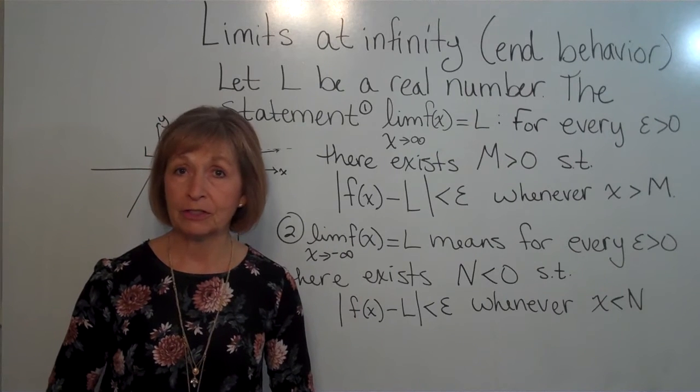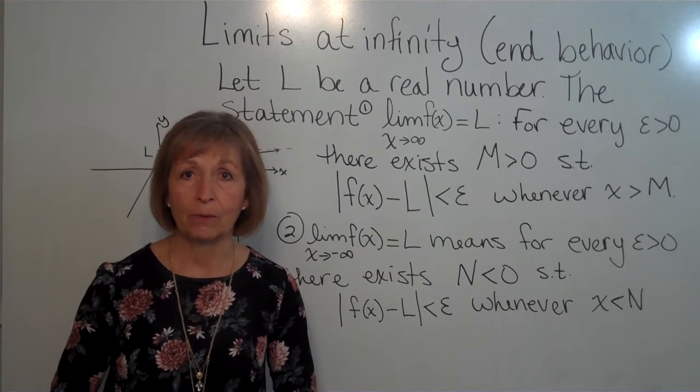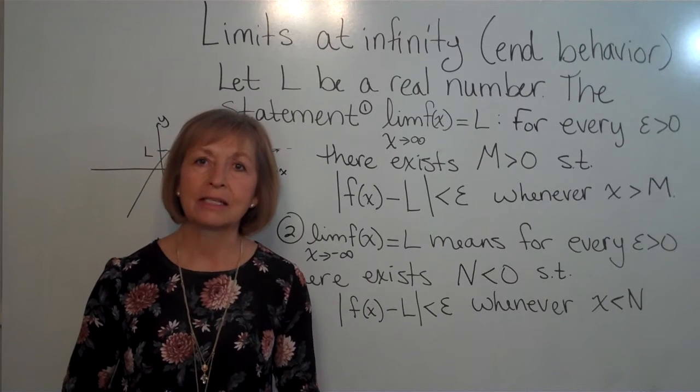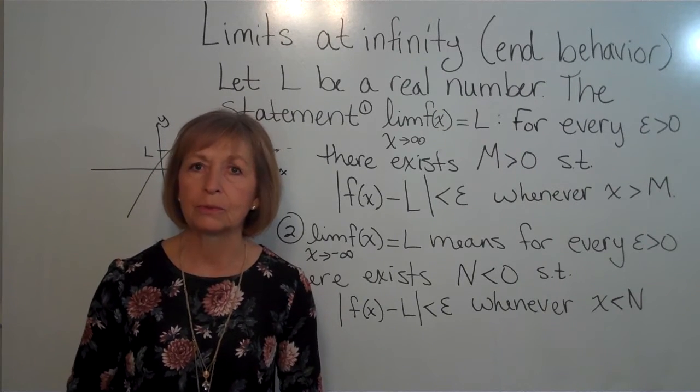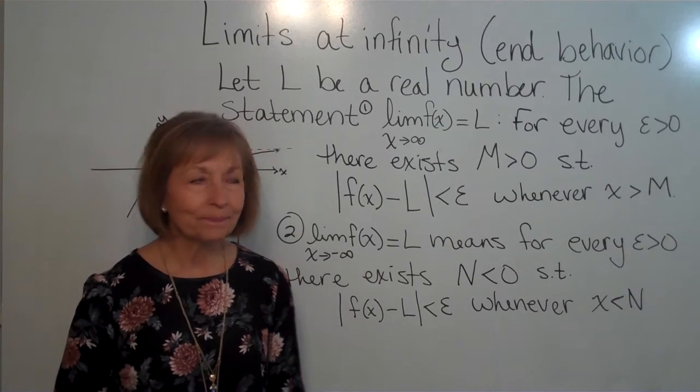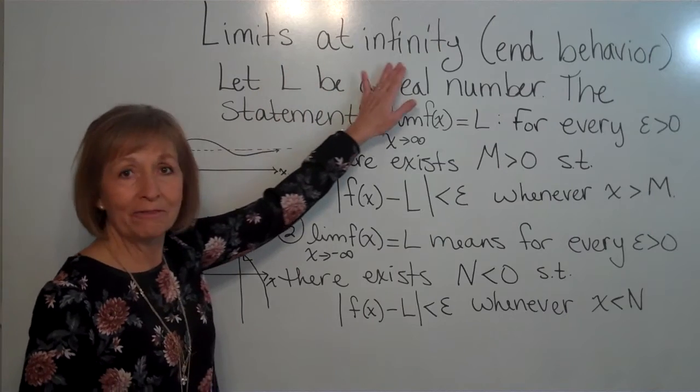But there are other functions that you probably hadn't thought about with end behavior before, that you'll be able to extend the information to once you see a couple of these analytically. So let's get started. Limits at infinity.